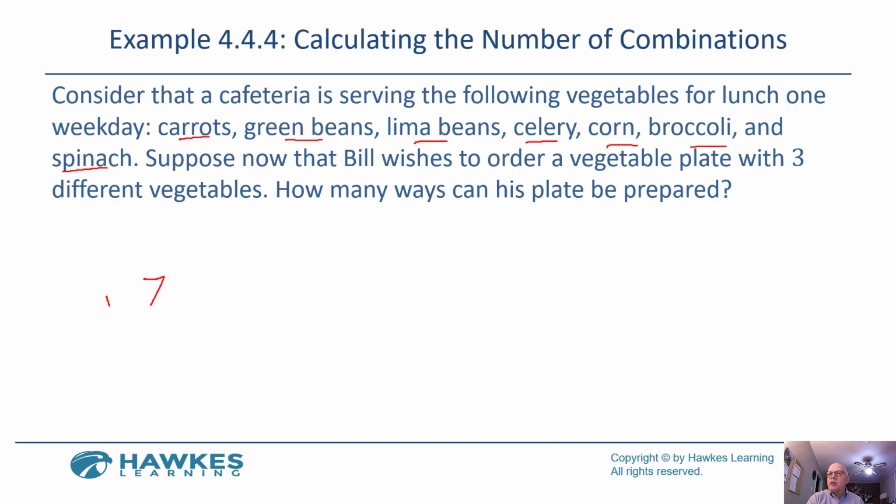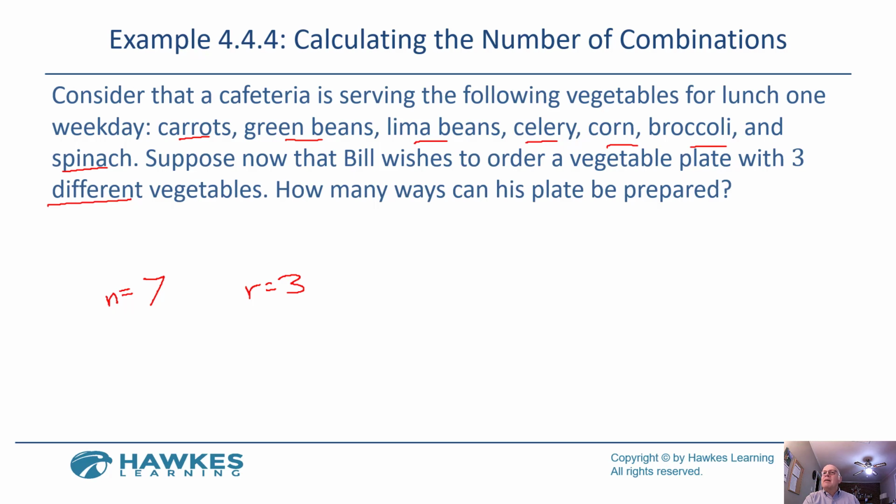We know that'll be n. And Bill wishes to order a vegetable plate with 3 vegetables. He's only going to pick 3 of them, and they're different. Now, how many ways can his plate be prepared?